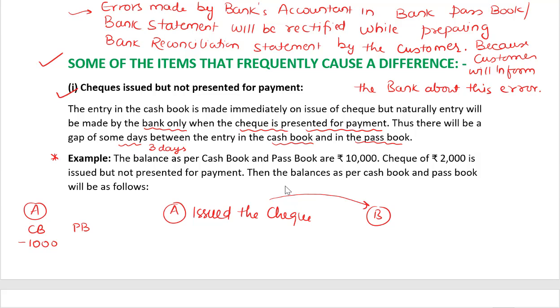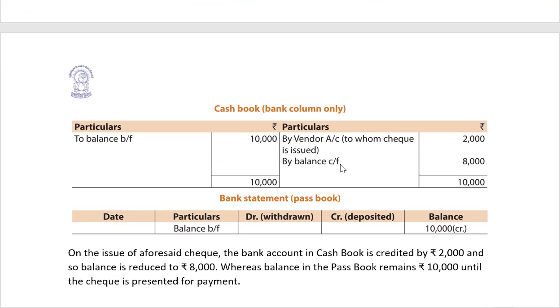Let's see the example now. The balance as per cash book and passbook is 10,000. Check of rupees 2,000 is issued but not presented for payment. Then the balance as per cash book and passbook will be as follows. This is cash book, bank column only.